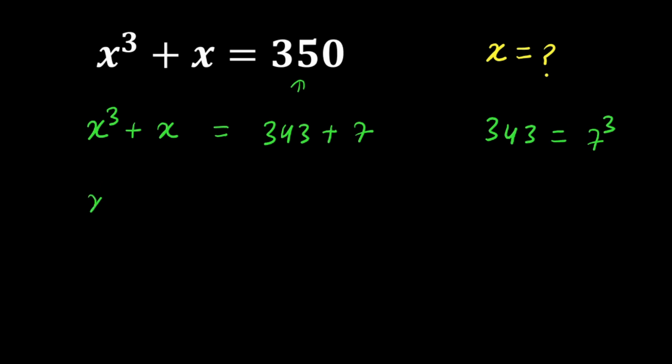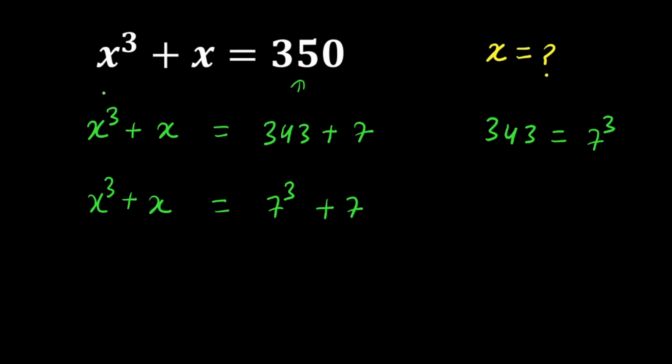Now x cube plus x is equals to 7 power 3 plus 7. Here we can observe x equals 7 is a solution, but here we will talk about all solutions.